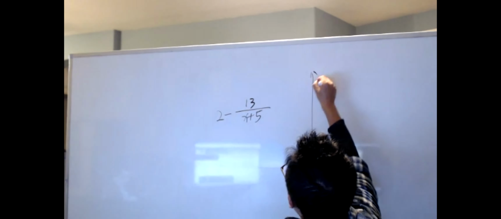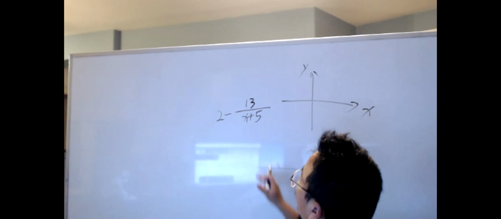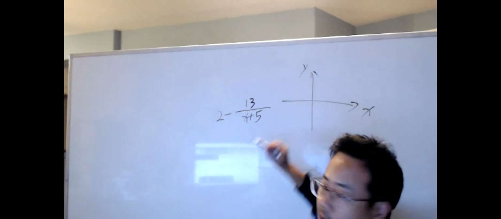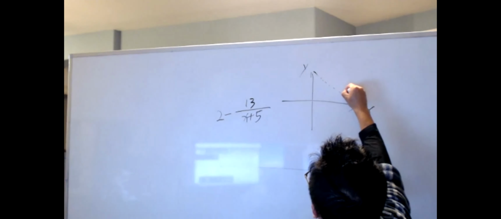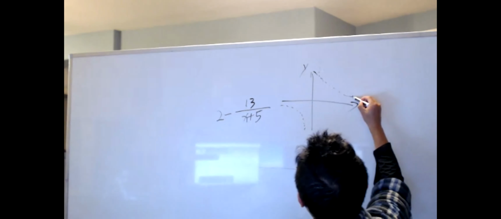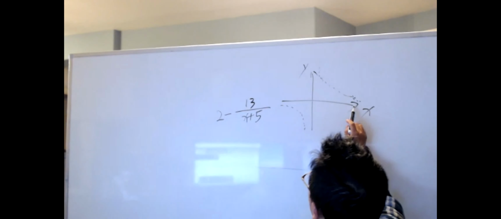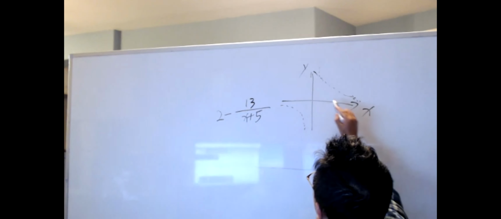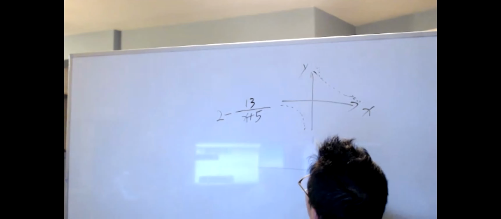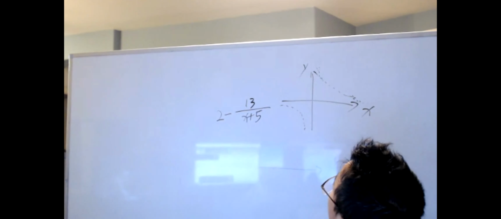If this is y and this is x, then 1 over x would be something like this, right? When x is bigger, the y is smaller, approaching 0. When x is really small, it's approaching infinity. And when x is negative, it's the same thing, okay?